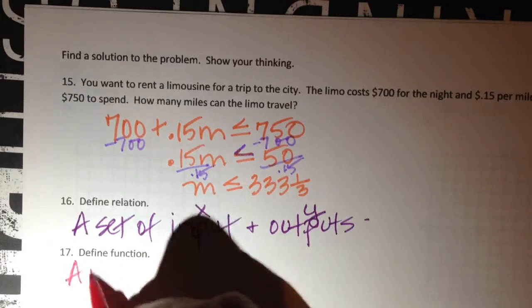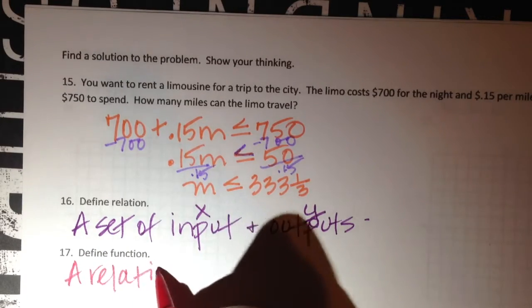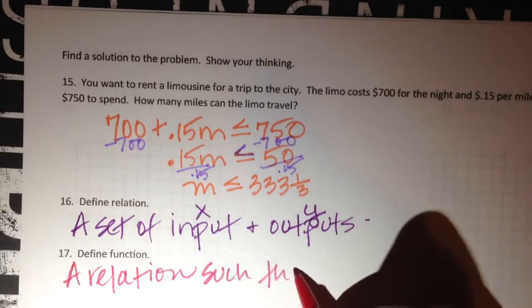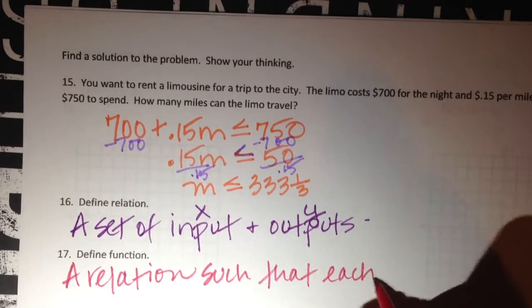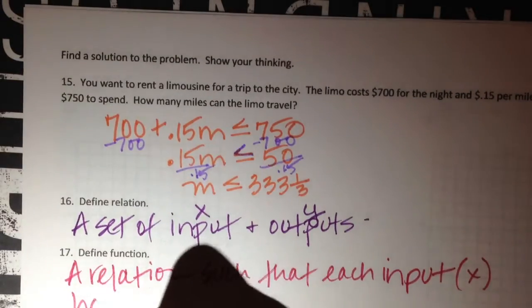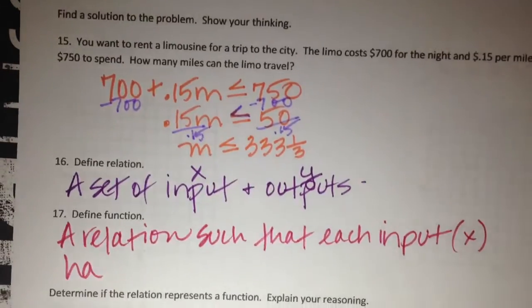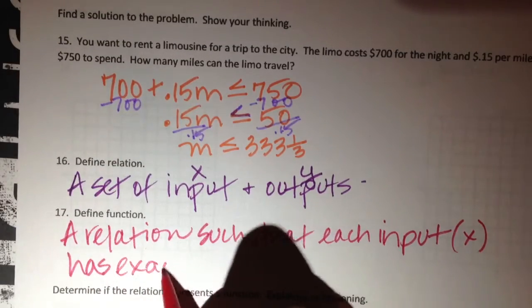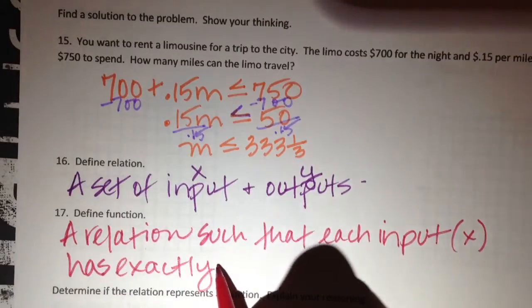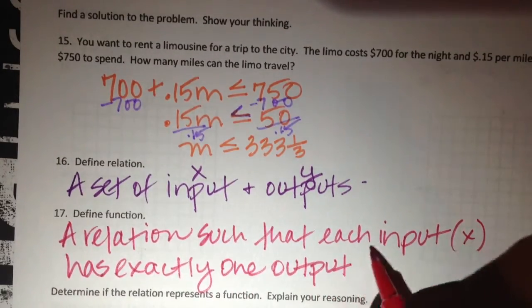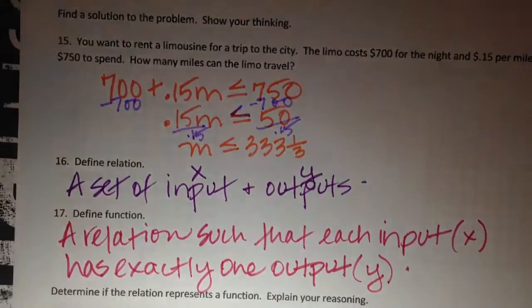A function is a relation such that each input, so each x, has exactly one y, or output. So no x can have more than one different y value.